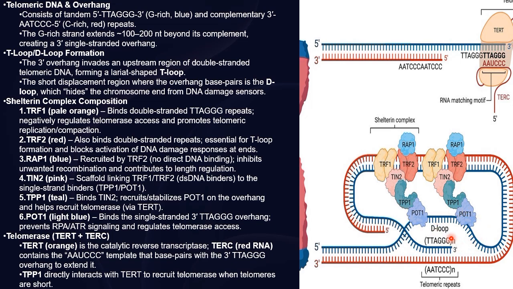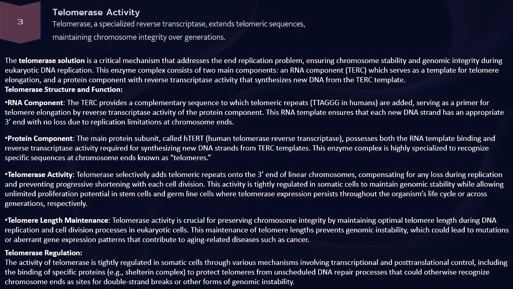Now let's talk about the telomerase enzyme in detail. So telomerase is the solution, a critical mechanism that addresses the end replication problem, ensuring chromosome stability and genomic integrity during eukaryotic DNA replication. This enzyme has two main components.